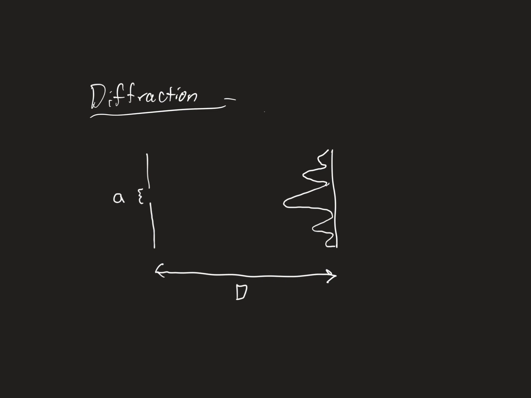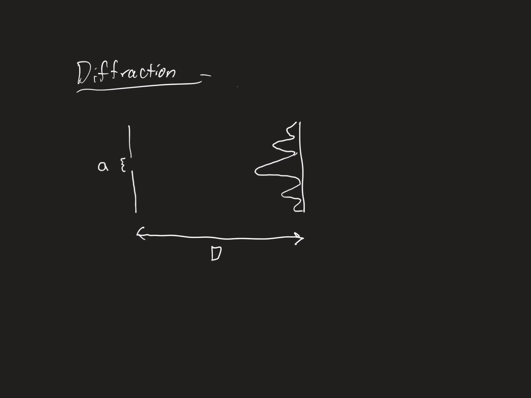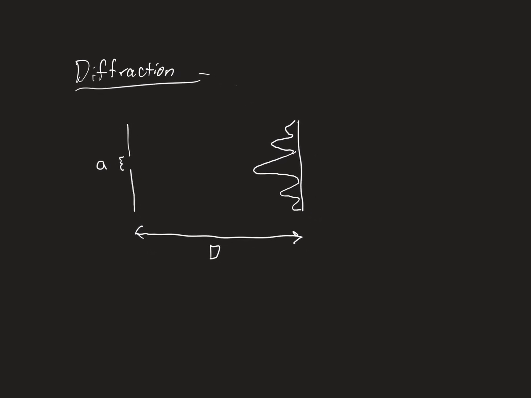Now, there's an equation that lets you predict what this pattern is going to look like, and it depends on a few different things. We're going to get an equation, m times lambda equals a times sine of theta.